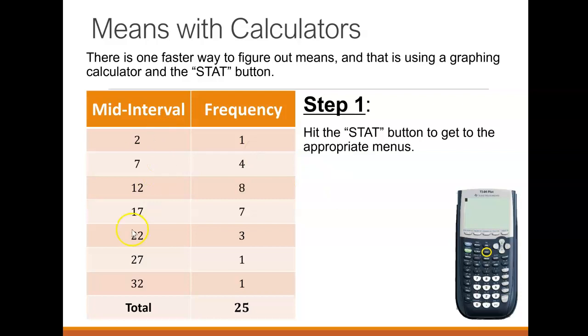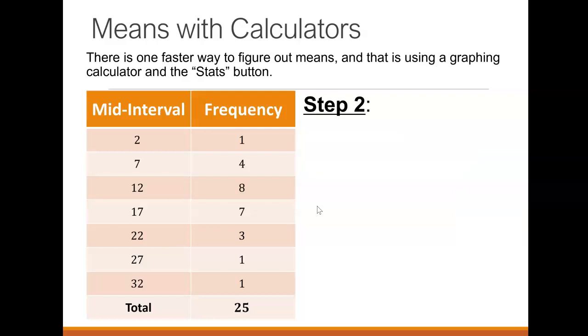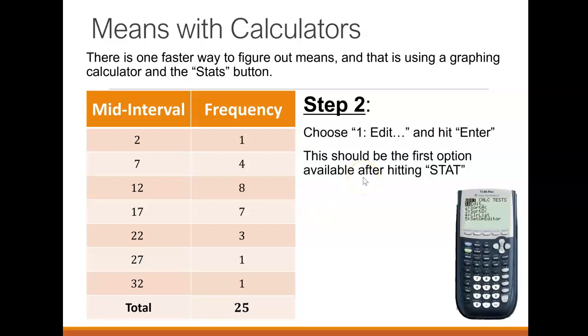Is there an easy way to do this on our calculator? Yes. Yeah, pull your calculator out. Let's see it. All right. So I'm going to start by turning my calculator on.